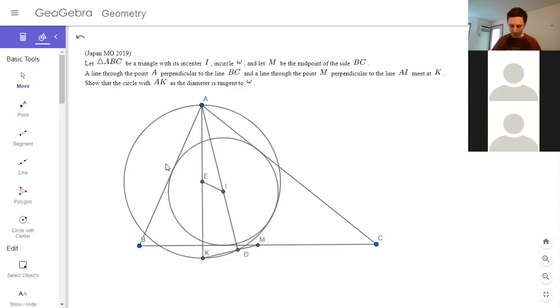Right. Yeah, we have to use somewhere that M is the midpoint of BC.